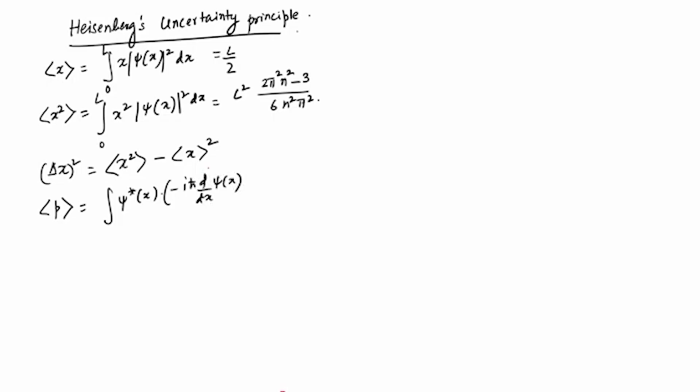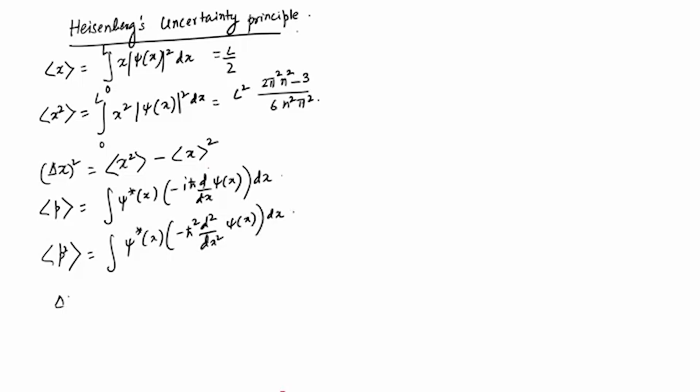So, do not take just psi star and this, and you can also calculate p square, which is equal to the integral of psi star of x times minus h cross square d2 dx2 of psi of x dx.